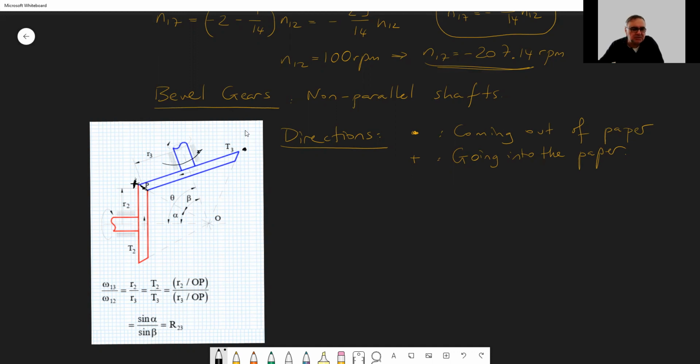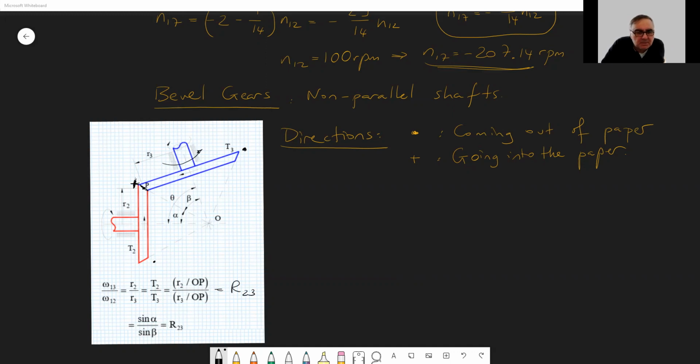The speed ratios are similar, and they are related to the number of teeth. Again, omega 1 3 over omega 1 2 is R2 over R3 or T2 over T3, and the angles also have to satisfy a certain relationship. This is again the gear ratio R2 3, as you see. Nothing too complicated except that the shafts are non-parallel, and therefore the directions have to be usually followed manually.